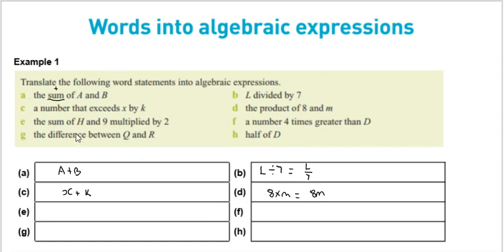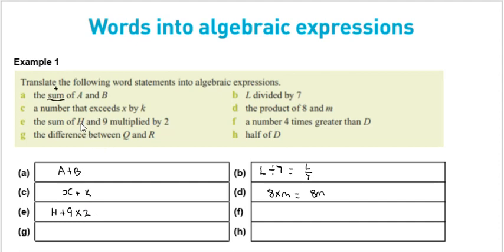Now, something a little bit more complicated. The sum of h and 9 multiplied by 2. So, if we have the sum of h and 9, so sum is plus 9, and then we say multiplied by 2, that is incorrect.